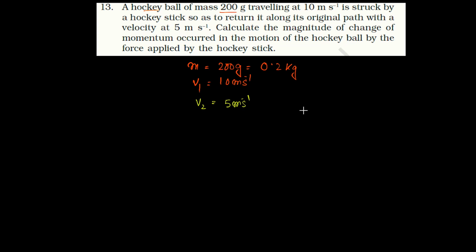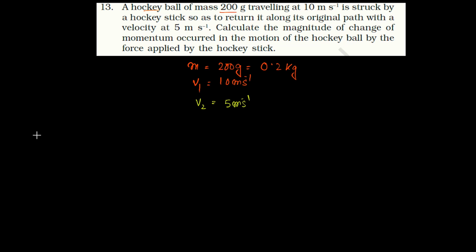This is the main fact. Now we have to calculate the magnitude of the change of momentum of the hockey ball hit by the applied force. The same ball has two different velocities, so we are going to get two different momentums.